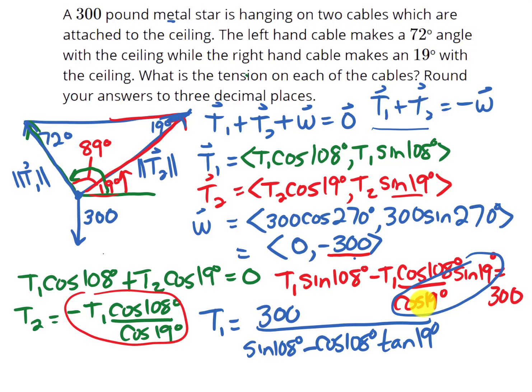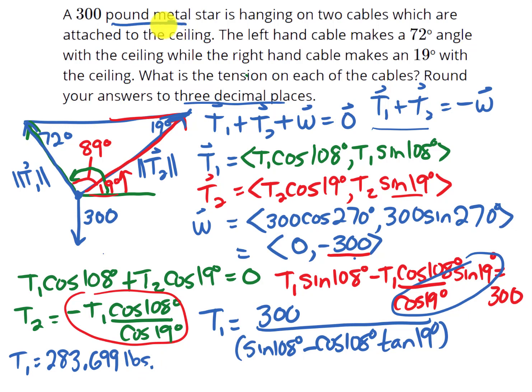I go ahead and get the calculator and put that in, and rounding to 3 decimal places, the tension on cable 1 will be 283.699, and the units would be pounds, because we had our pounds here.